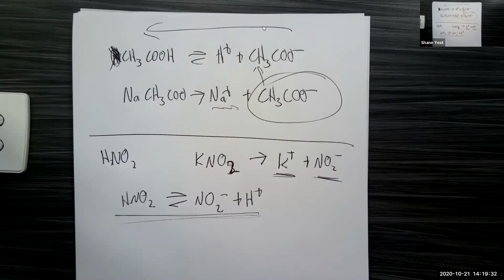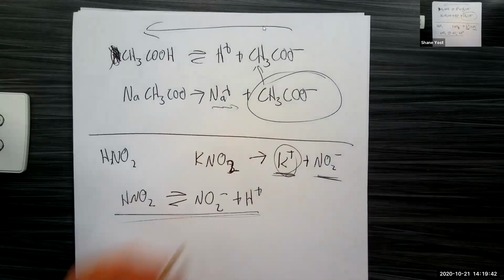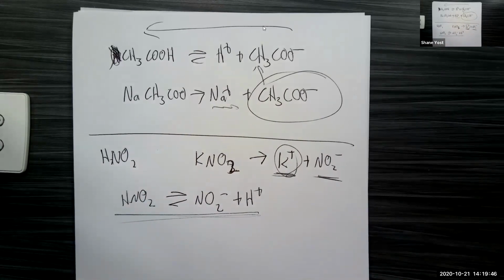The potassium. A spectator ion is an ion that's not involved at all in any of the chemistry. Potassium is a spectator ion. It's always going to be a spectator ion, just like sodium, lithium, chlorine, bromine.